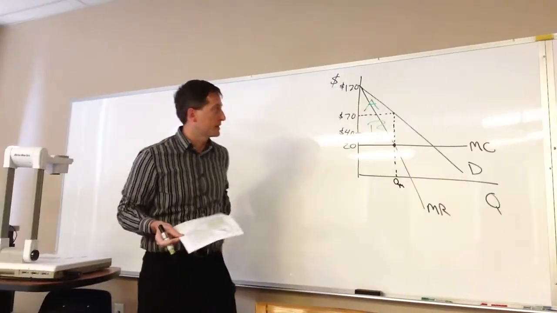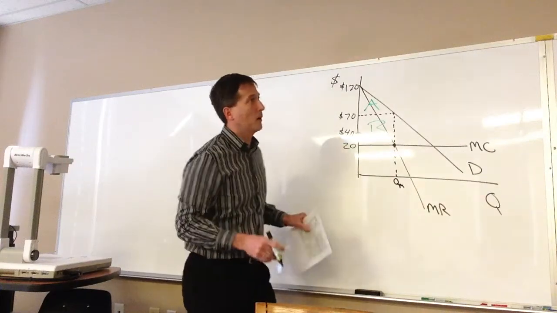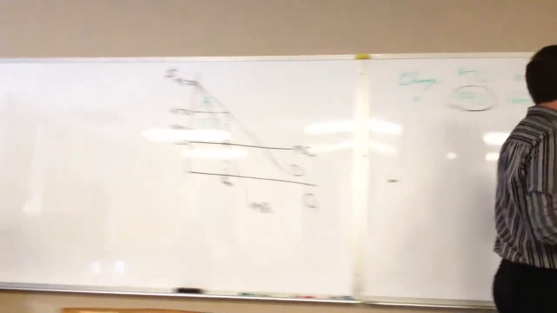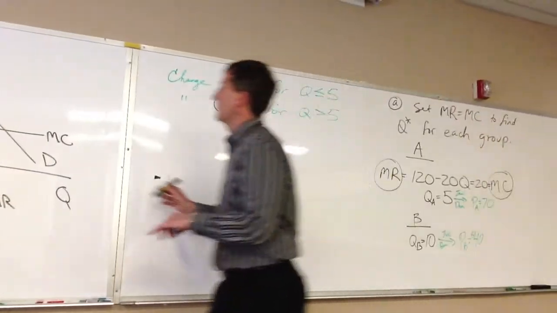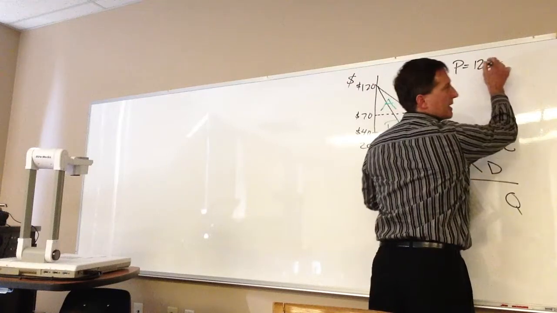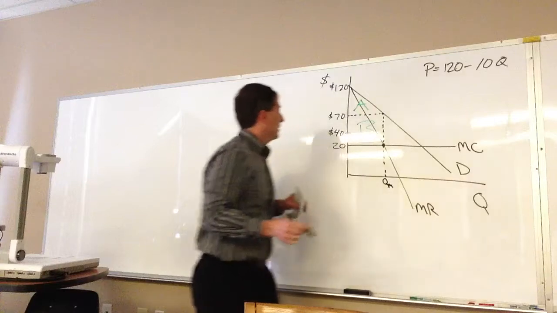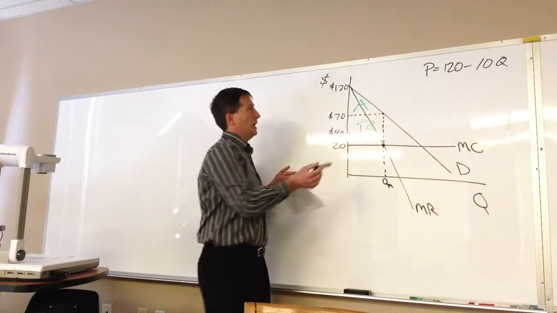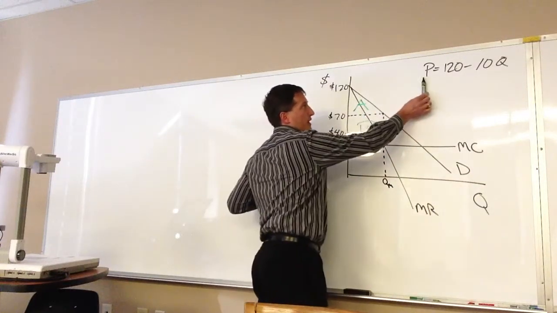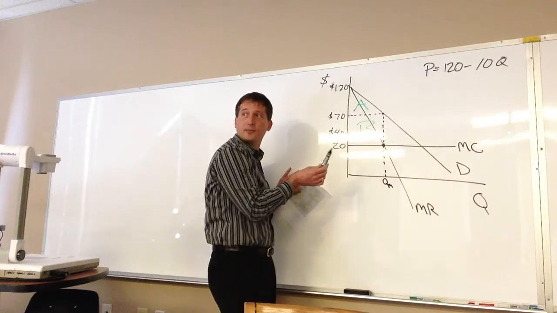8. How'd you get that, Brinson? Plug it into the inverse demand curve, right? So we know this person's demand curve is, let me write it out over here. Price equals 120 minus Q, right? And so at a price of 40, solve for Q, you ended up getting 8.